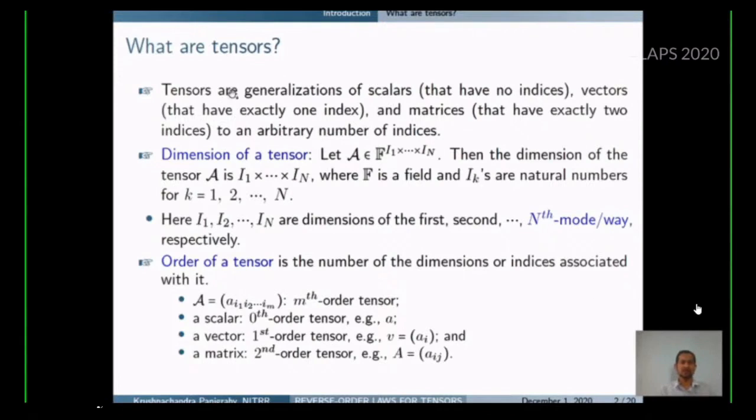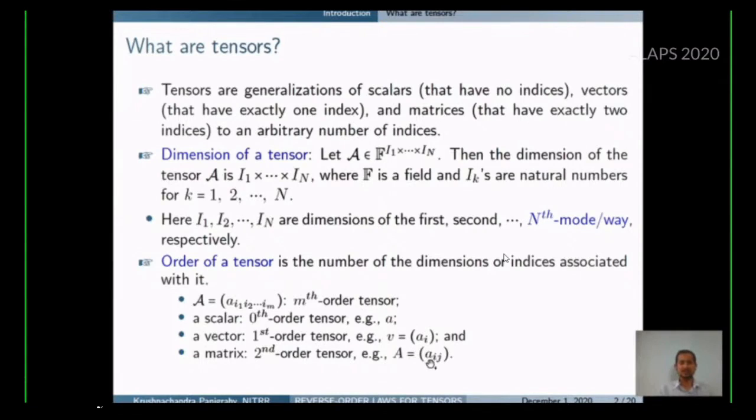Whenever we are writing a scalar, we just write numbers, that is 1, 2, 3, 4, like that. So we don't need any indexing. And whenever we are representing a vector, then we are writing A_i, like that. The vector v is represented by A_i. And in case of a matrix, we are writing it as A_ij.